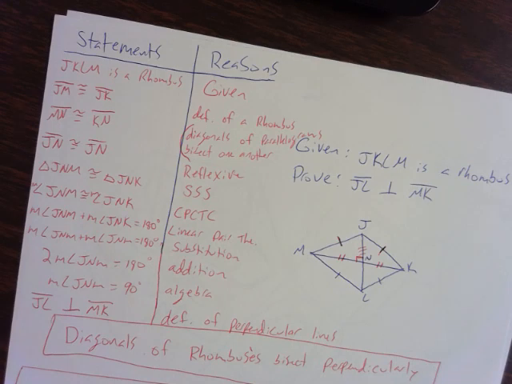So that's a little bit more of something special or characteristic of a rhombus. And remember, we can also use this in reverse. So if you have two diagonals that cross at 90-degree angles, they bisect at 90-degree angles, then you would have a rhombus.